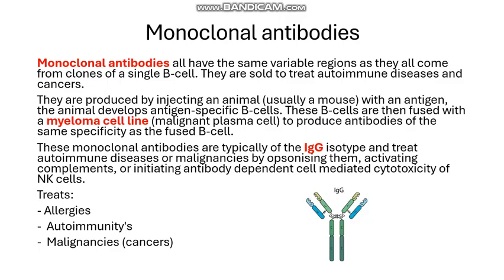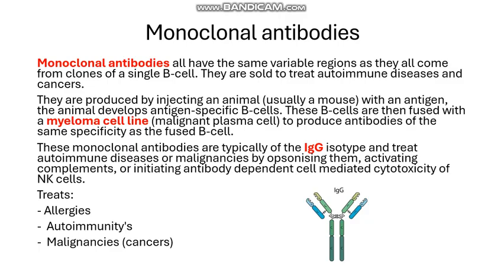They're produced by injecting an animal, usually a mouse, with an antigen. The animal develops antigen-specific B cells through their adaptive immune system. These B cells are then fused with a myeloma cell line, which is just a type of malignant plasma cell, to produce antibodies of the same specificity as the fused B cell that came from the mouse, so they can be used in humans.